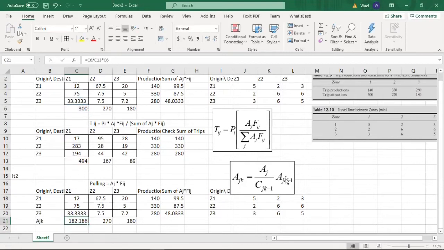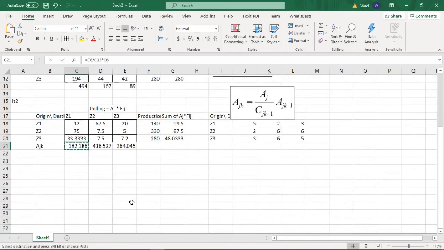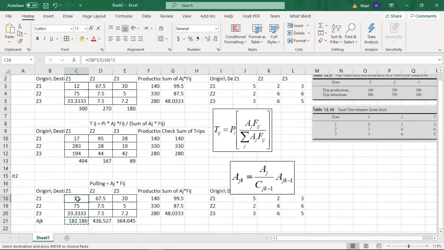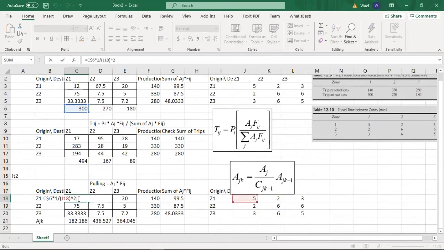So that means we are going to reduce the attraction. We're going to do the same for the rest. Here we are modifying the new attractions according to this equation. So the pulling force, instead of working with 300, we are going to be working with 21, with the new calculated value.